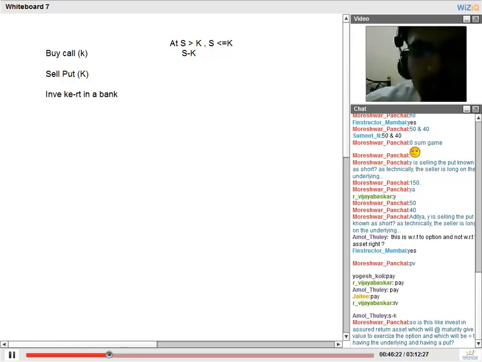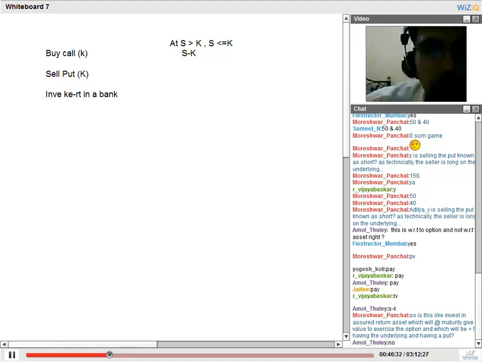If the spot price is greater than the strike price, will I exercise the option? Will I sell it in the market for S, or will I sell it to the counterparty at K? I have sold a put option. So will the buyer of the option exercise this option if S is greater than K? No. So I've received the upfront premium, which is fine. There will be no incremental payoff.